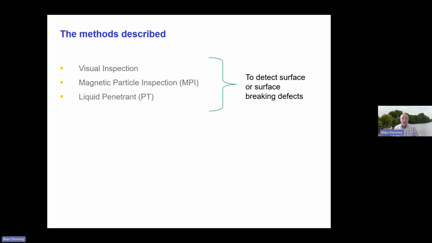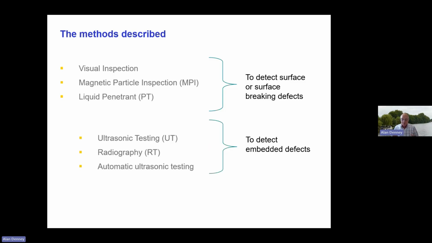So they're only telling you about what's on the surface. If we want to look at the volume of the weld metal, then we're into ultrasonic testing or radiography. And I'm going to talk about those. And I'm also going to talk a little bit about the automatic ultrasonic testing that I know about from my experience. So they're to detect embedded defects.